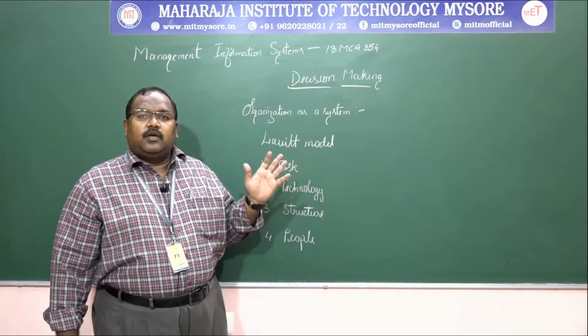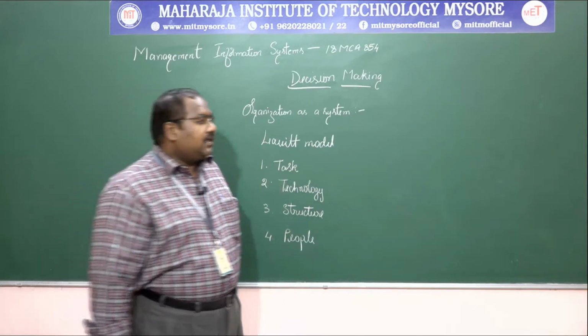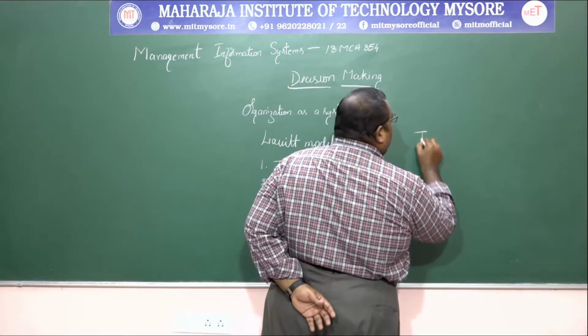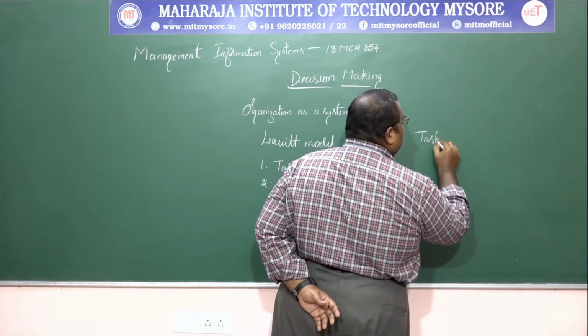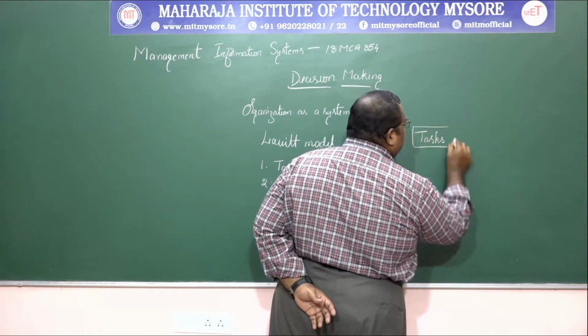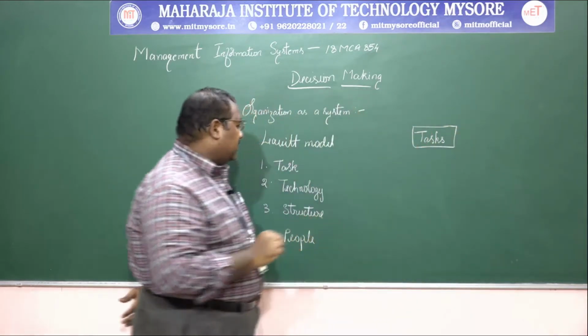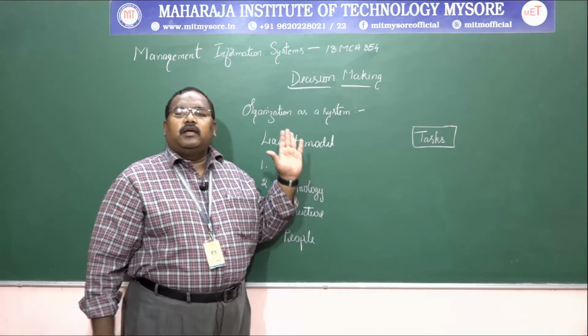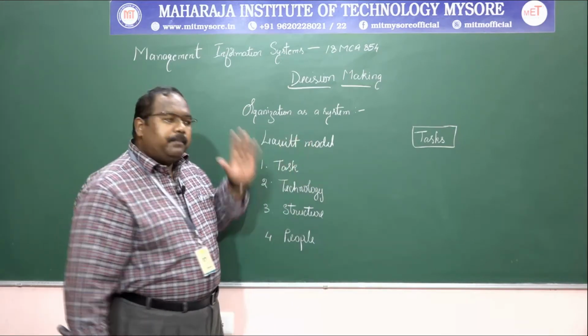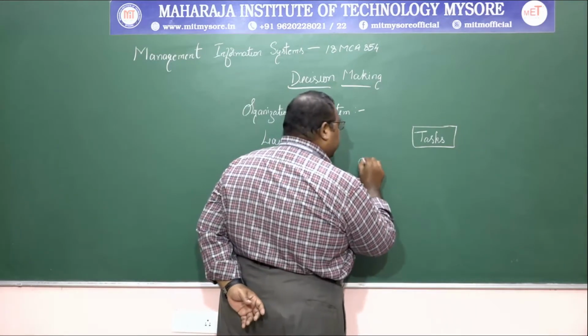Let us discuss with the help of a diagram. Let us look at the Leavitt model. So as I discussed, task can have a privilege like this. Then people and technology can also be considered as different entities.